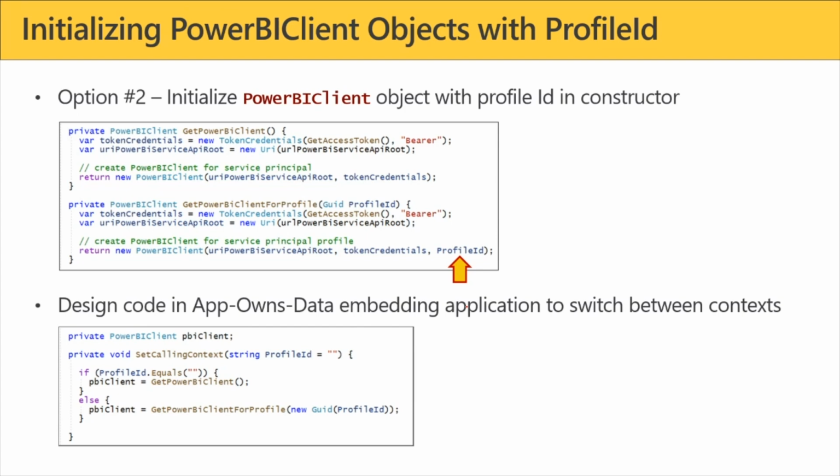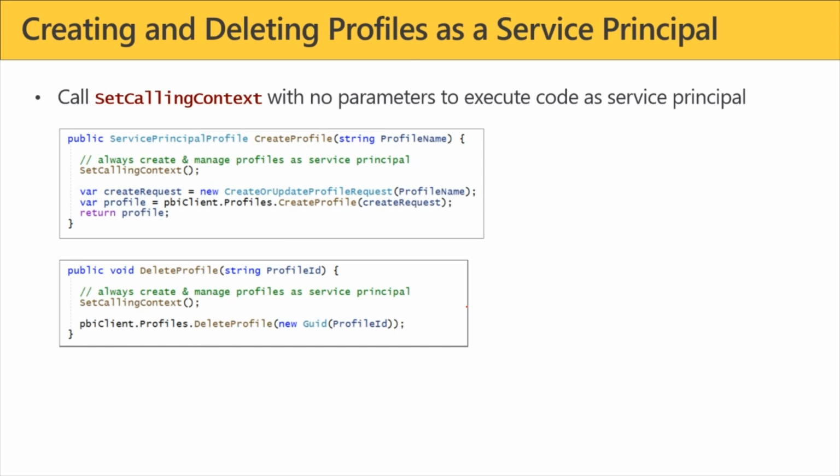But anytime it comes to creating a workspace populated with content or accessing that content, that's always done with a service principal profile. So for instance, if we look over here, I have a create profile. At the very top, we'll call set calling context to make sure that call goes against the Power BI service as the parent service principal. Same thing with delete profile or get profile.